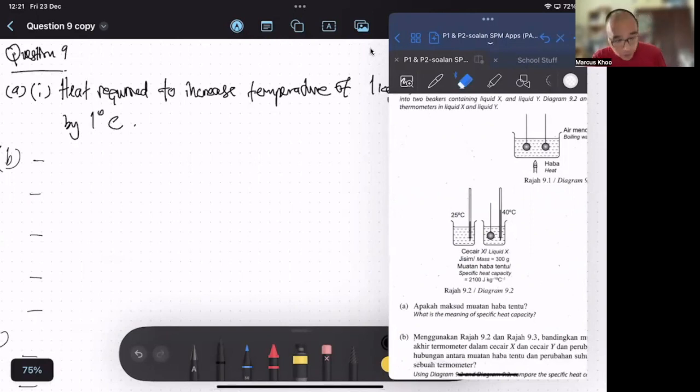The most important thing when you're talking about this is the words 1 kilogram and 1 degree. You're going to increase temperature, so you need to have these two units in there.